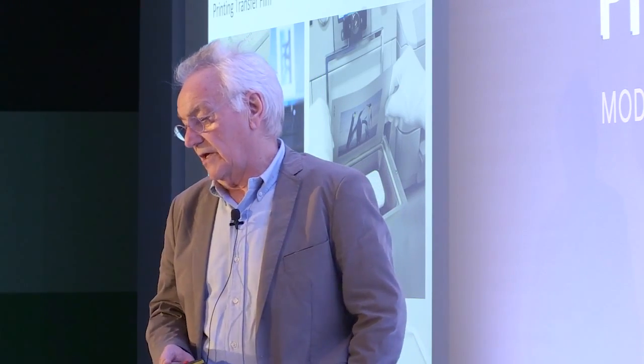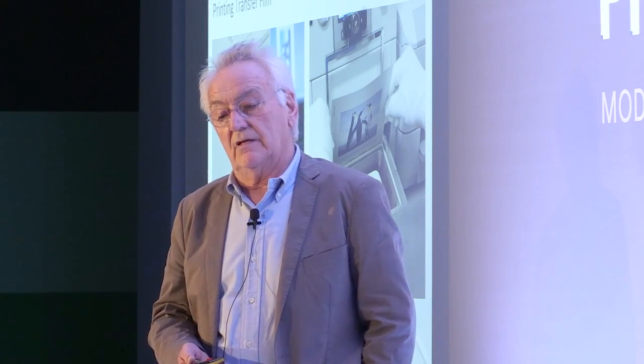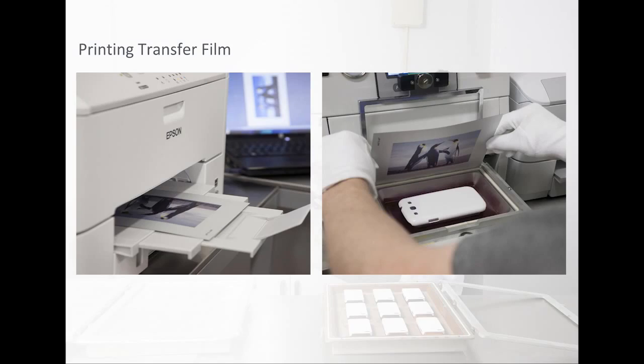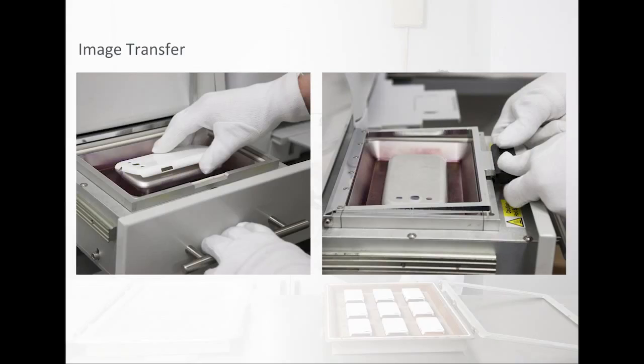The film softens in about 7 seconds, and the vacuum kicks in and pulls the printed surface of the film into intimate contact with the surface of the shell. And on the right here, you actually see the film at the completion of the transfer cycle.